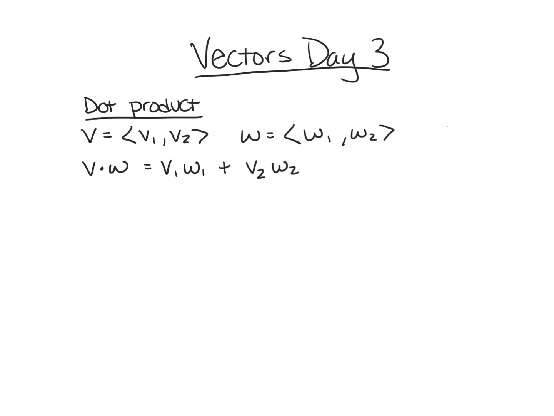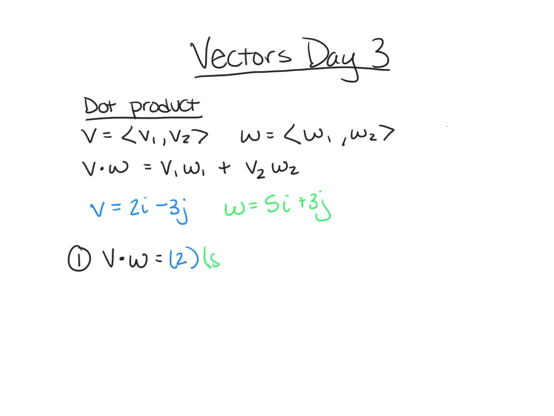So if we have an example where vector v is 2i minus 3j, and vector w is 5i plus 3j, and I was to find v dot w, that's going to be 2 times 5, so the x values, the i values of both of these, plus the y values or the j values of both of these multiplied together.